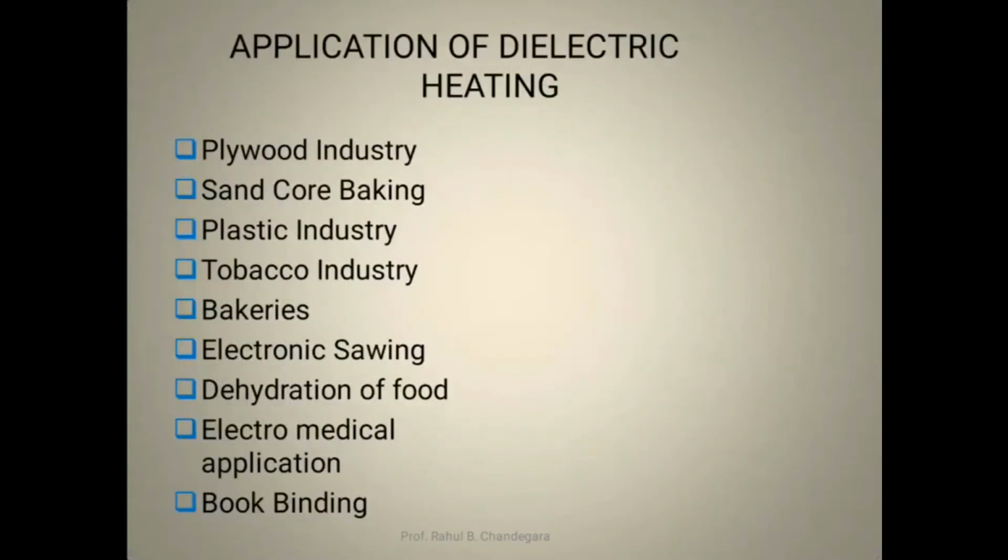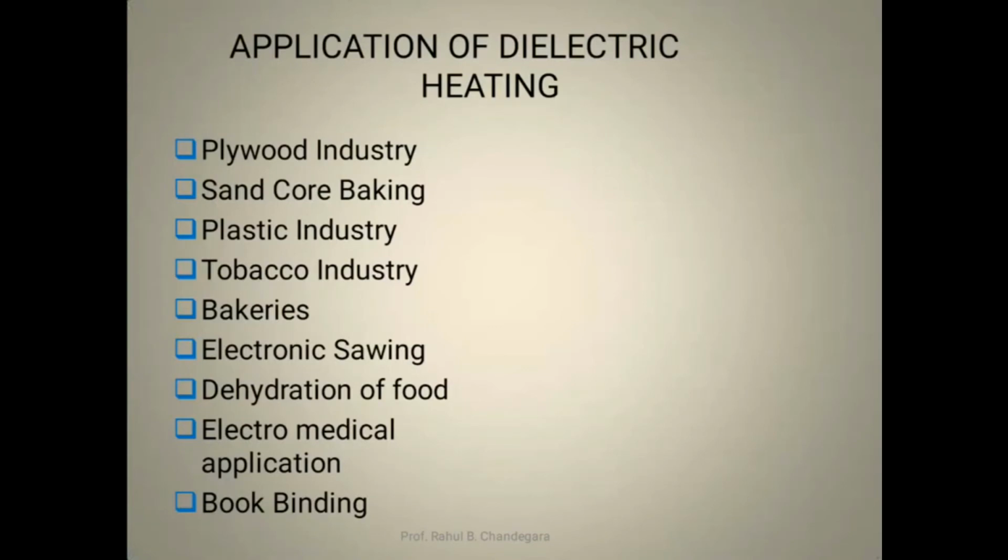The application of dielectric heating is mostly for heating of insulating material, so its application is based on that material. The plywood industry, sand core baking, and the plastic industry mostly use dielectric heating, for plastic bending and making reuse of plastic in many things.